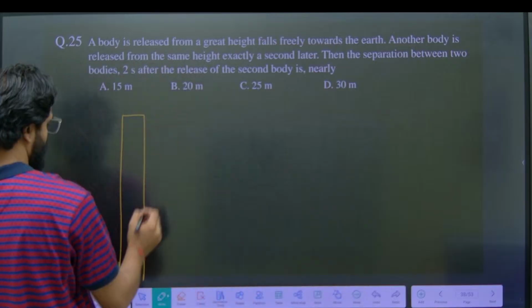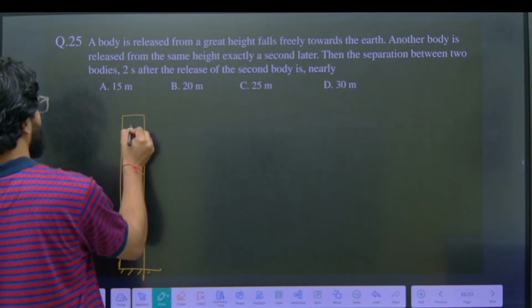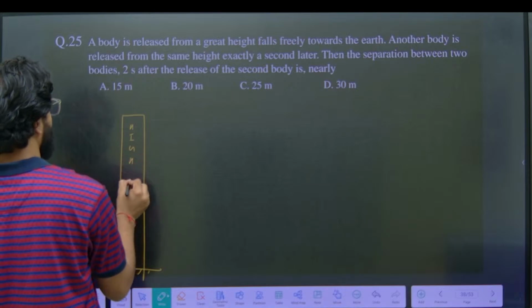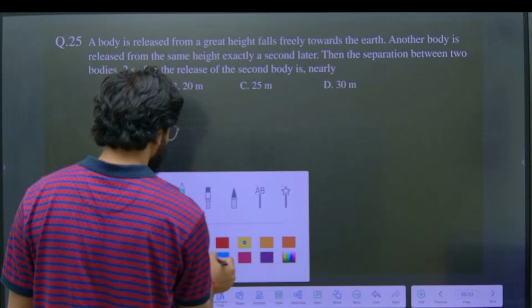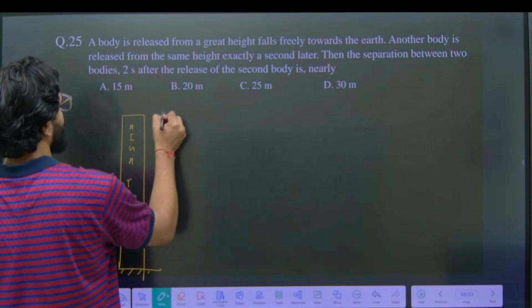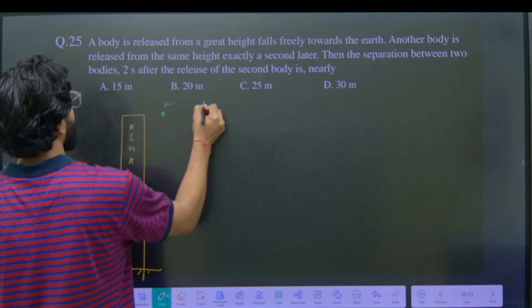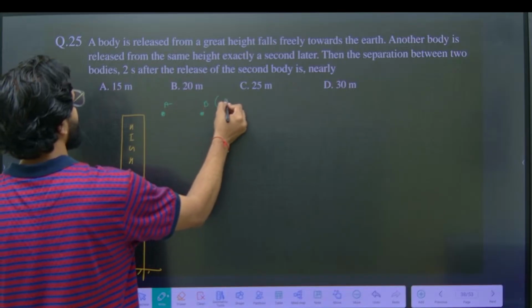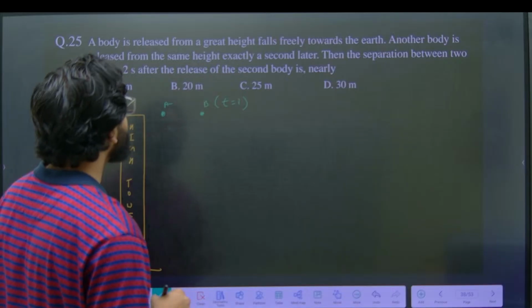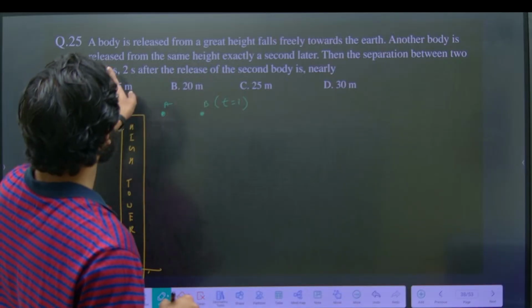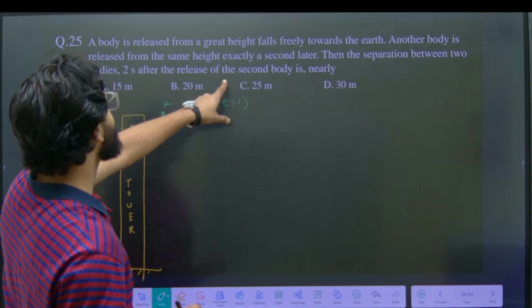We need not worry about it. It's a very high tower. So there is ball A and there is ball B. They are asking what is the separation between the two balls 2 seconds after the release of the second body.